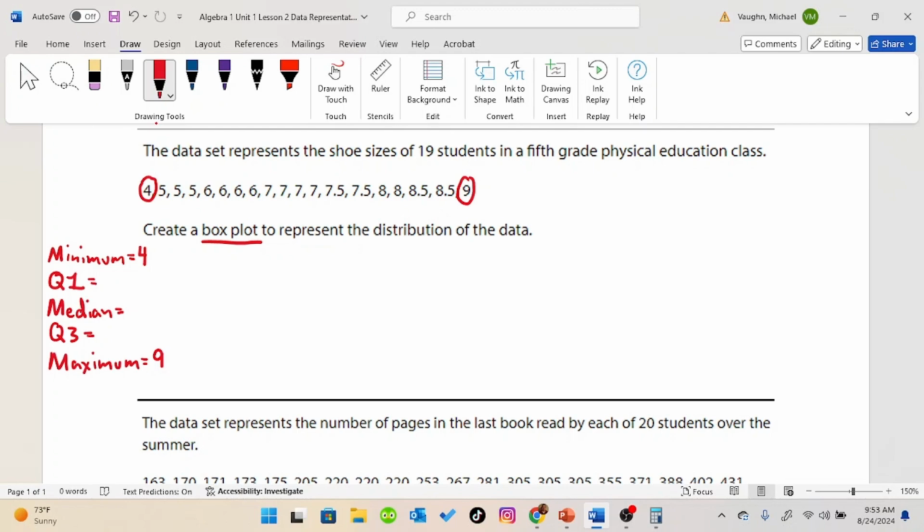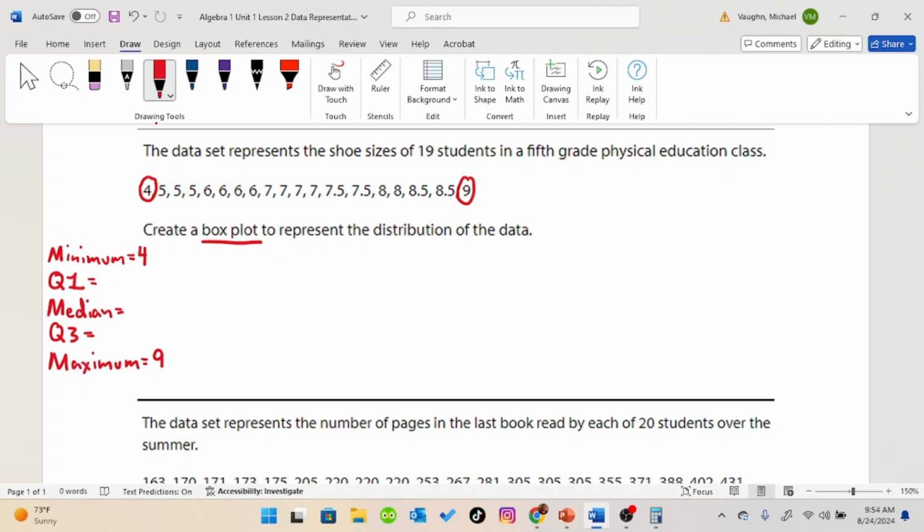Now we need the number that is in the middle. If there are 19 numbers, then that means the 10th number will be in the middle, because there will be 9 numbers smaller and 9 numbers bigger.